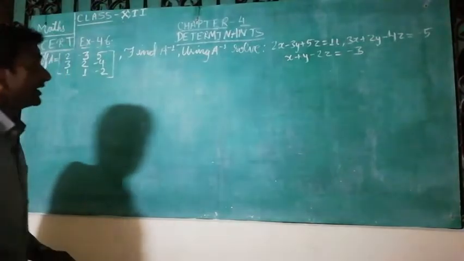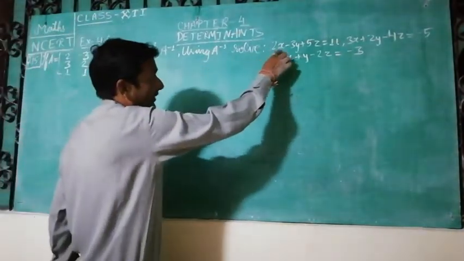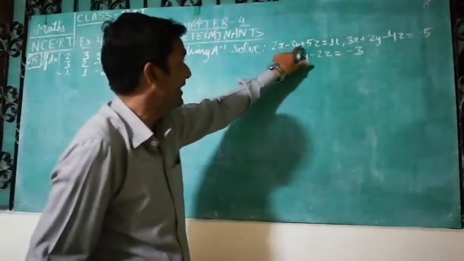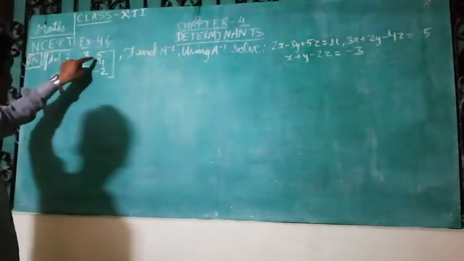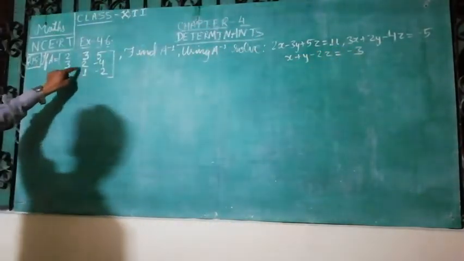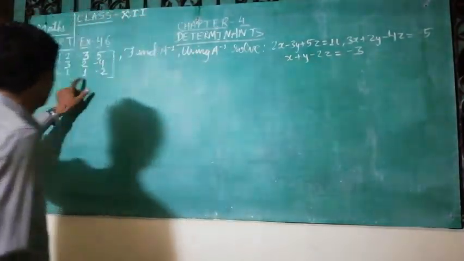It is well clear from here that this A is formed by the coefficients of x, y, z from all three equations. It is 2, -3, 5; 3, 2, -4; and 1, 1, -2.